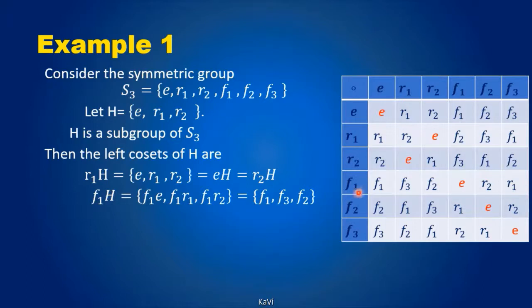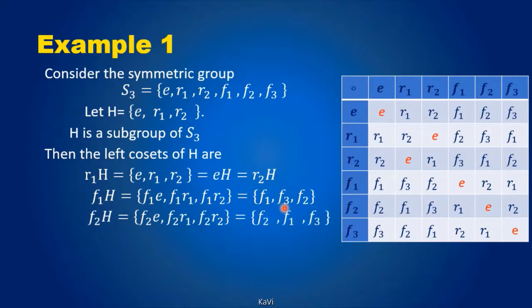From this table you can see that F1 into E is F1, F1 into R1 is F3, and F1 into R2 is F2. So the resulting F1H is the set {F1, F3, F2}.